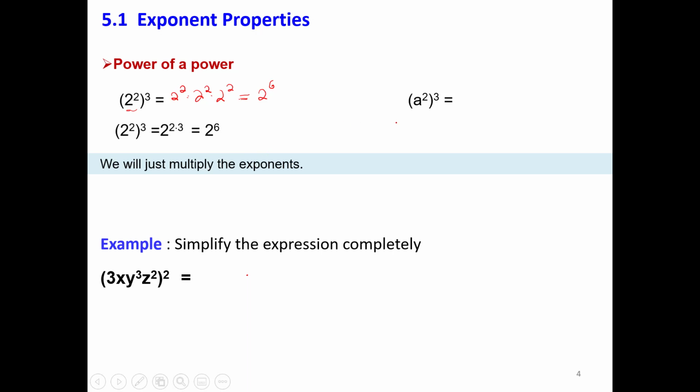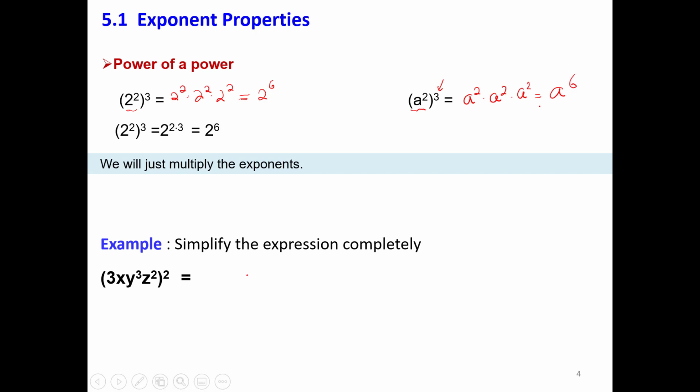And we can do the same thing if we had variables. In this case, this is the base and this is the exponent. How many times I need to multiply the base? 3 times. Then 8 to the second, 8 to the second, 8 to the second, but this is 8 to the 6 because we had the same base and we need to add the exponents. 2 plus 2 is 4, plus 2 is 6.